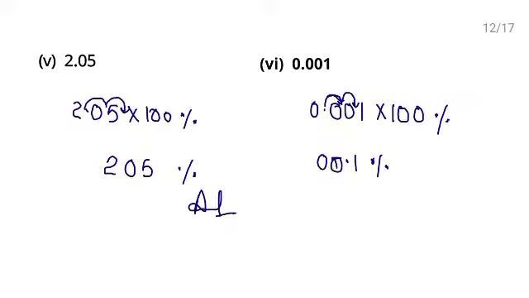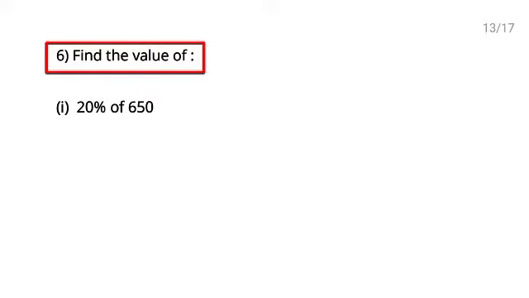And before decimal you just have zeros, so if you will write single zero, this is also equals to double zero now, so this is equals to 0.1%. This is your answer. Next question number 6, find the value of first part 20%.